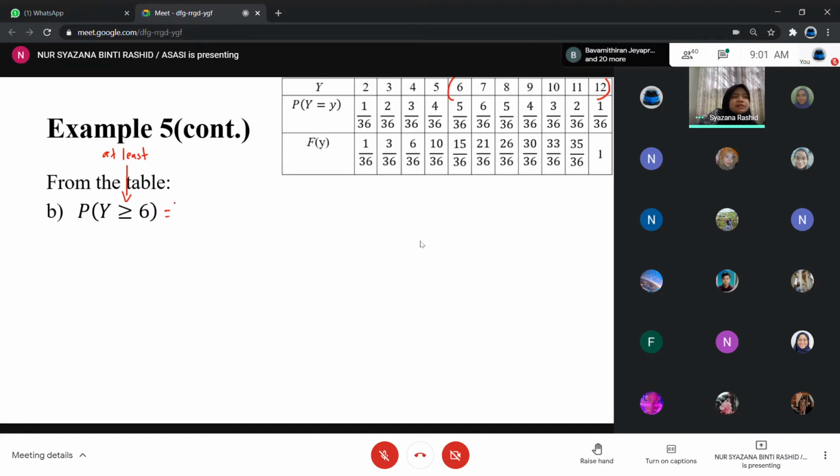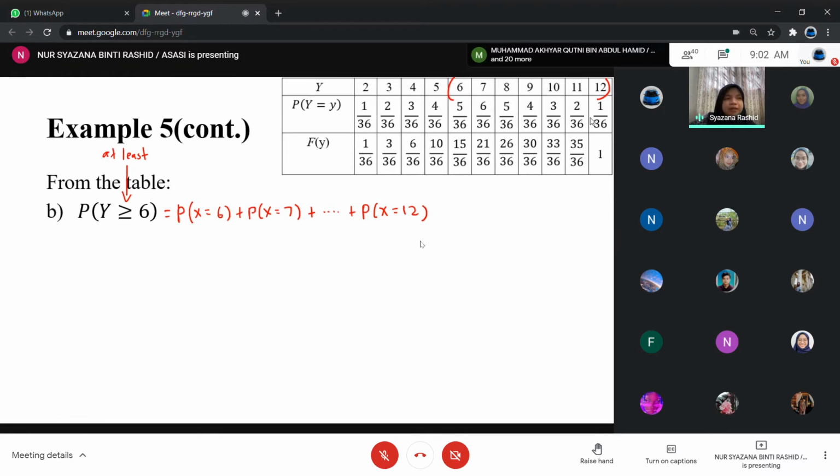So you akan ambil probability of x equals 6 plus probability of x equals 7 tambah semua sampai probability of x equals 12. So you will add this 5 over 36 plus 6 over 36. You add up all this. Tambah ni semua. Yang atas ni sampai 1 over 36. Okay, and then dapat jawapan dia. Lepas you tambah yang atas ni, you dapat jawapan dekat atas. Okay, that is one way.